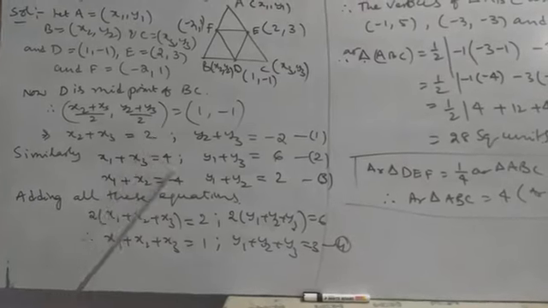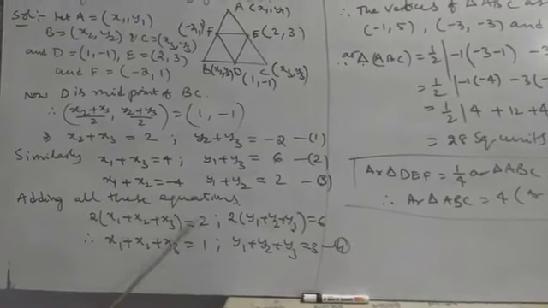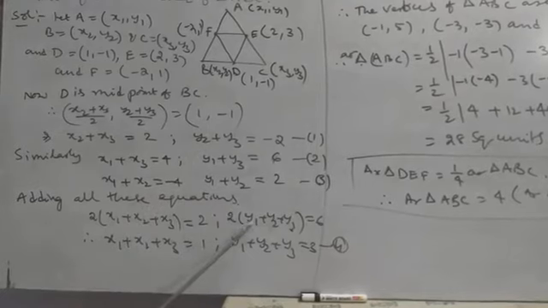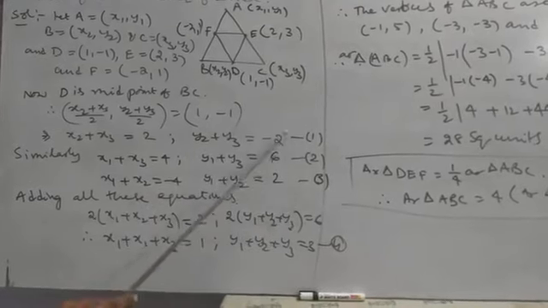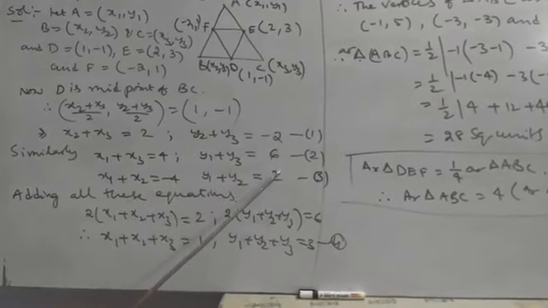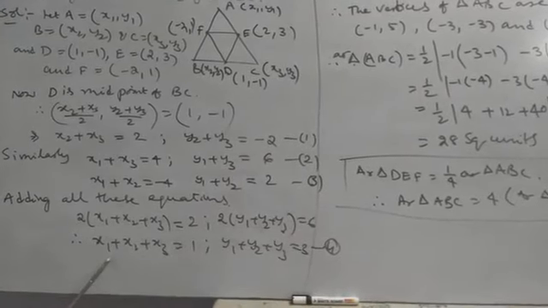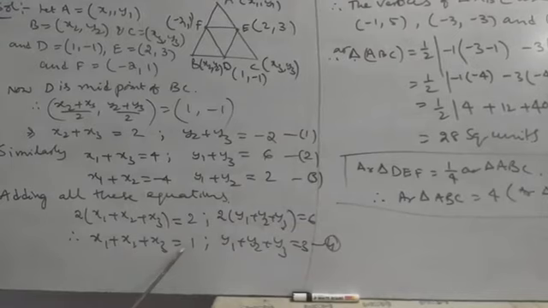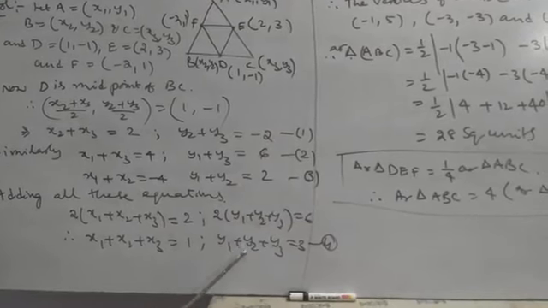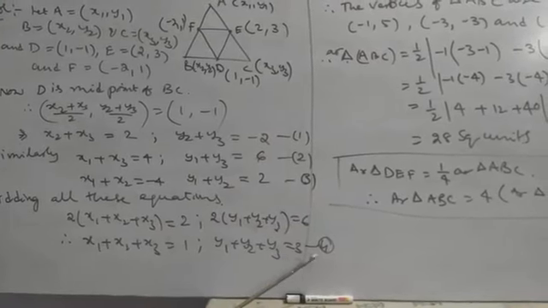Plus 4 minus 4 will be cancelled, you are getting 2. In similar fashion, 2 times (y1 + y2 + y3) equal to -2 + 6 + 2. Plus 2 minus 2 will be cancelled, we are getting 6. Therefore, x1 + x2 + x3 equal to 1 and y1 + y2 + y3 equal to 3.